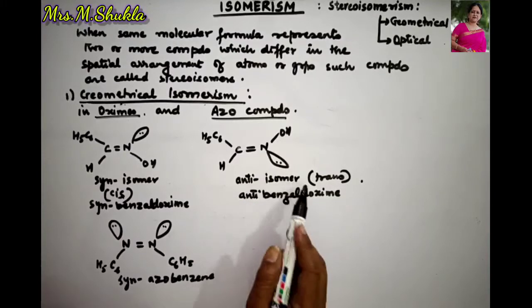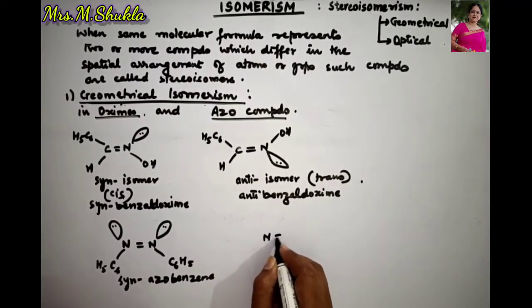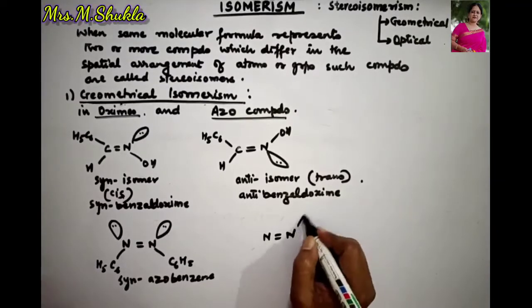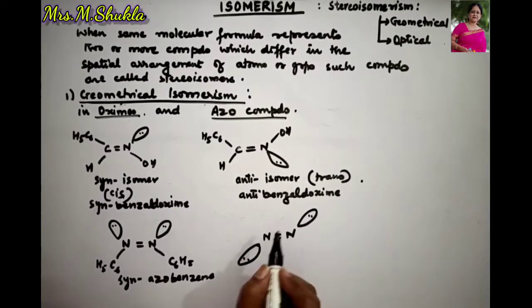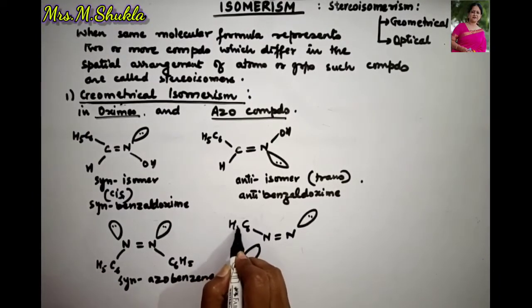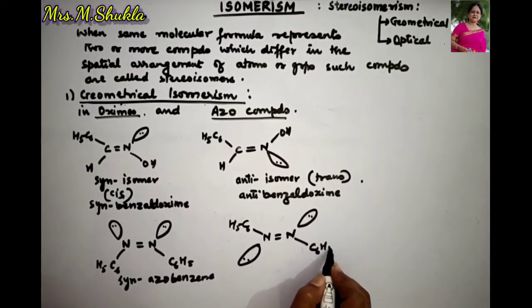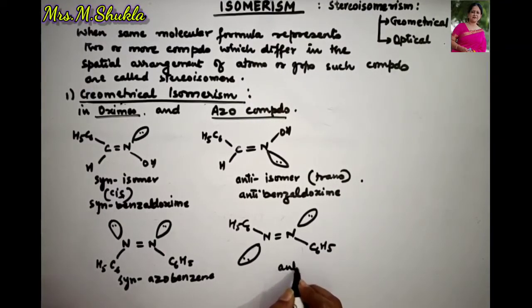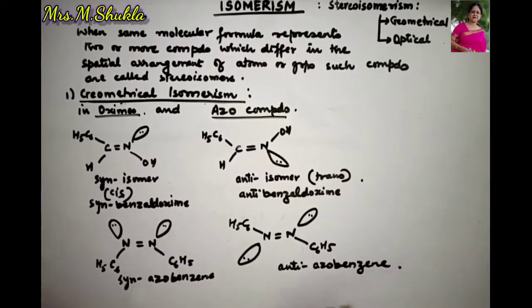Now let us see anti-isomer or anti-azobenzene. So N double bond N, the lone pairs will be on the opposite side, and the groups will be on either side of the double bond, C6H5. This is your anti-azobenzene. Clear? I hope this is very clear to you.